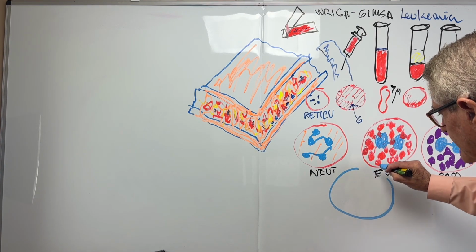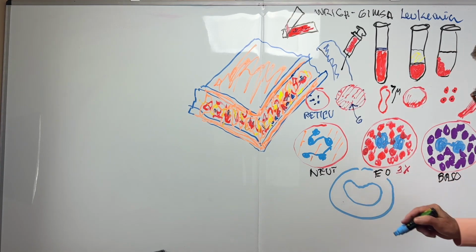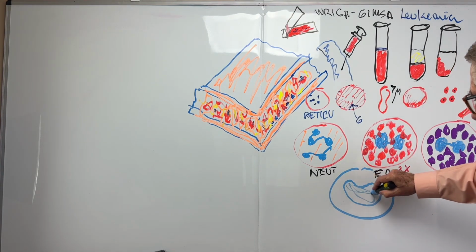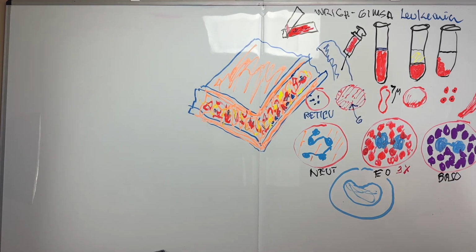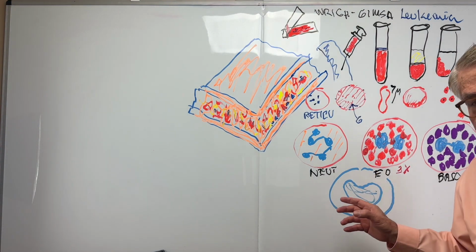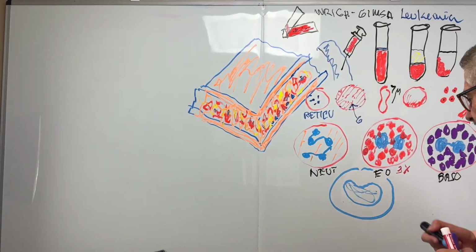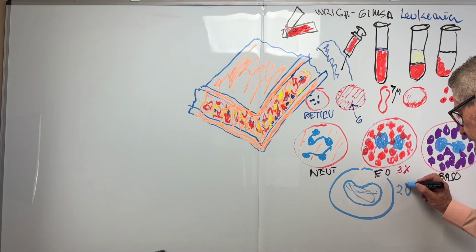It has a kidney shape. The other cell types are between over 10 microns up to 15, but this one is the largest, and it reaches about 20 microns.